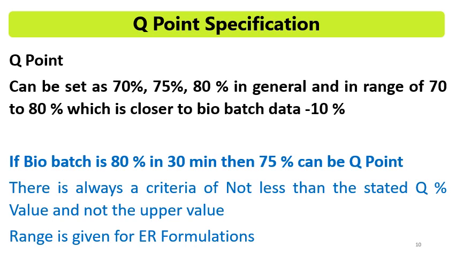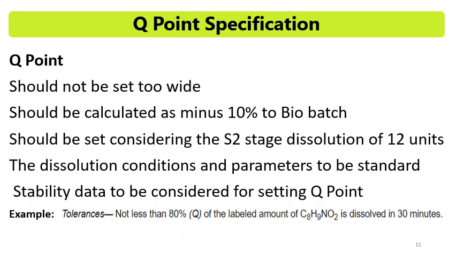There is always a criteria of not less than the stated Q percent value, and there is no upper value to the dissolution specification. For extended release formulations, the range is given, and at the last time point, not less than some percentage amount of around 80% is given as a Q point.